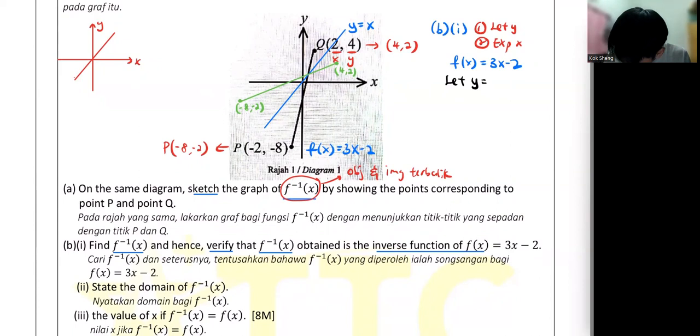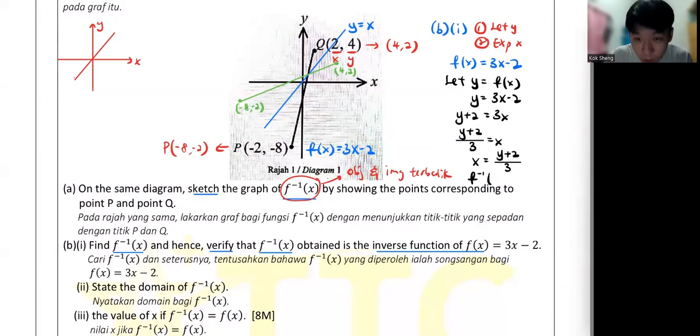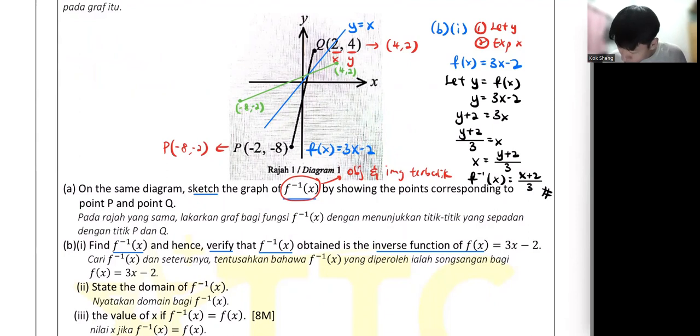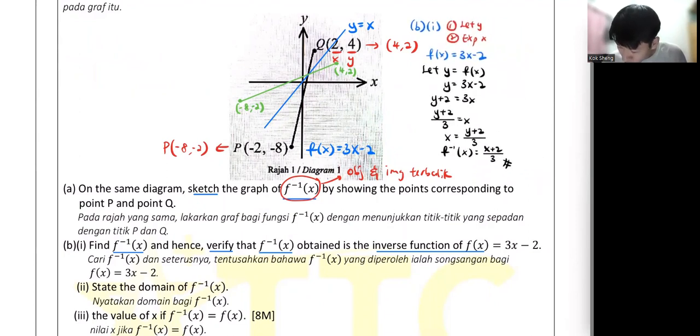Let y equal f of x, sub in the f of x, and now we can express x by bringing over the negative 2 and the 3. I skipped a step here; we're supposed to write y first for the object, but I went straight to the last step. So this is your inverse: x plus 2 over 3.